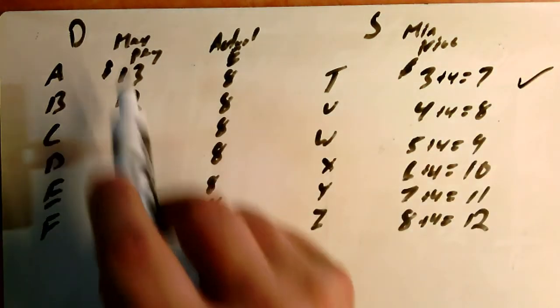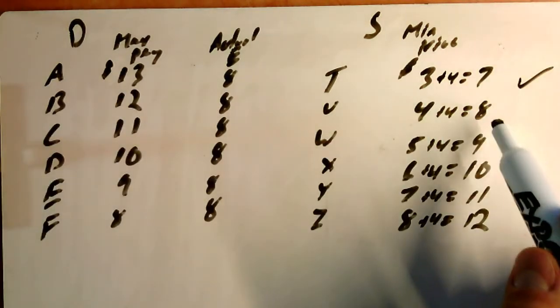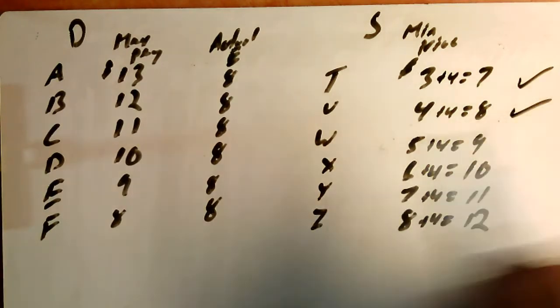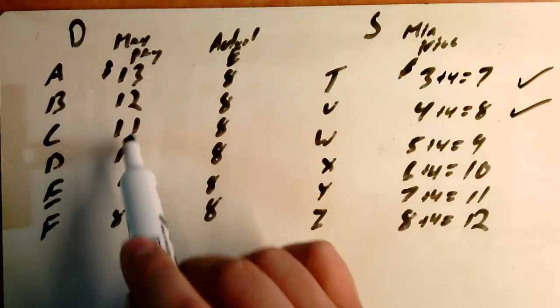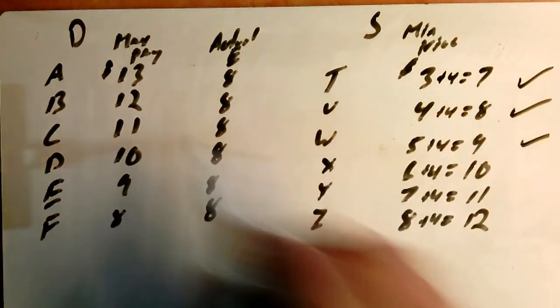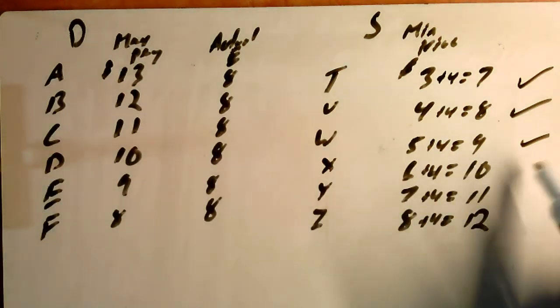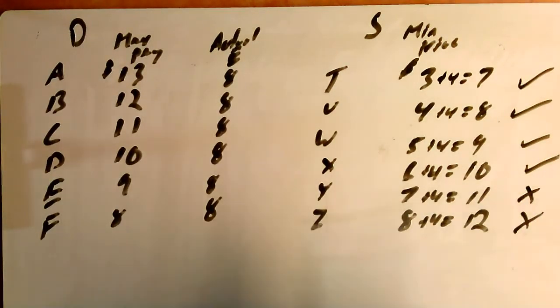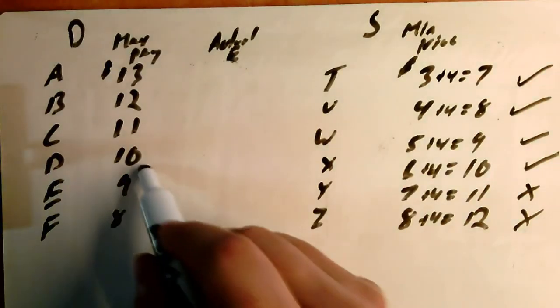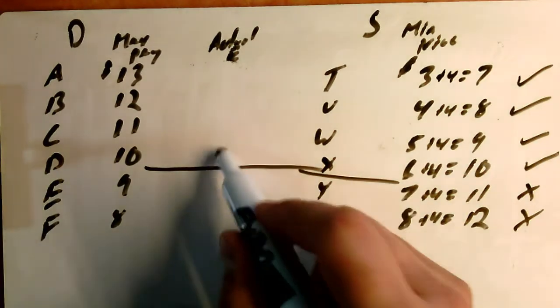At $12, he's willing to pay $12, they're willing to accept $8, that transaction would occur. $11 and $9, that transaction would occur. $10 and $10, that would occur. These would not. Therefore, you can see the new equilibrium falling here at the $10 mark.